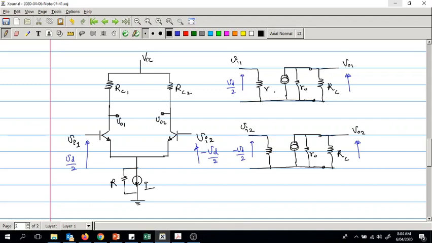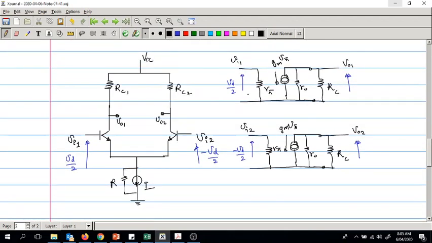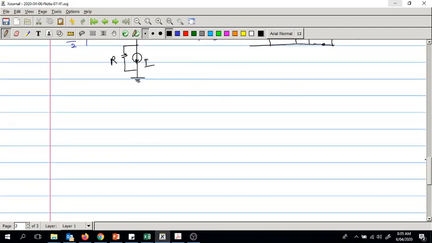This is Rpi, right? Rpi, this is Rpi, this is Gm Vpi, and this is also Gm Vpi, right? That's from the knowledge that you gathered from last year, as well as we've been talking about amplifiers this year, right? So this is the simplest circuit that we had last year using BJT amplifiers.